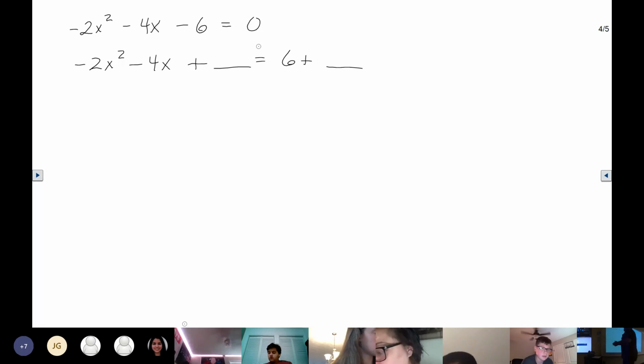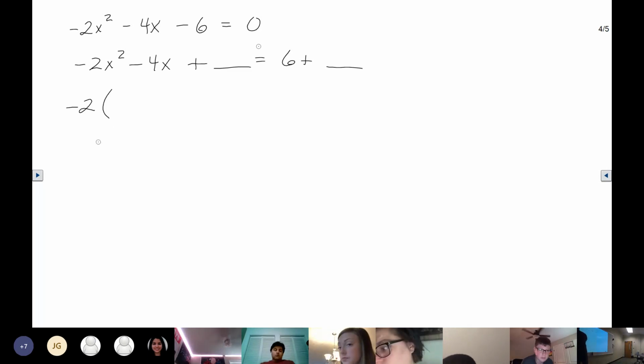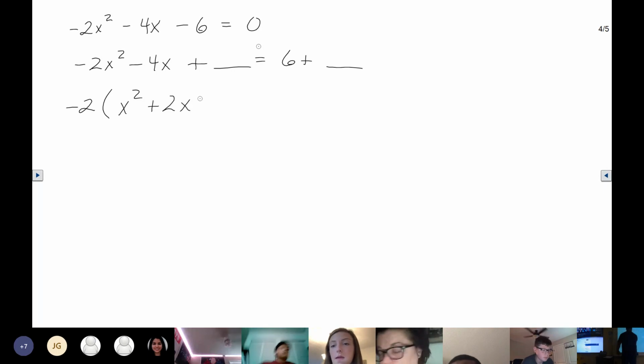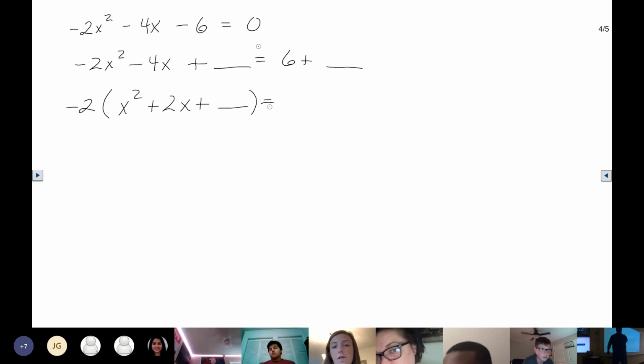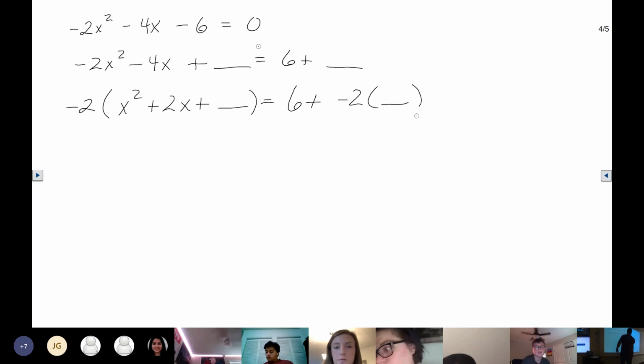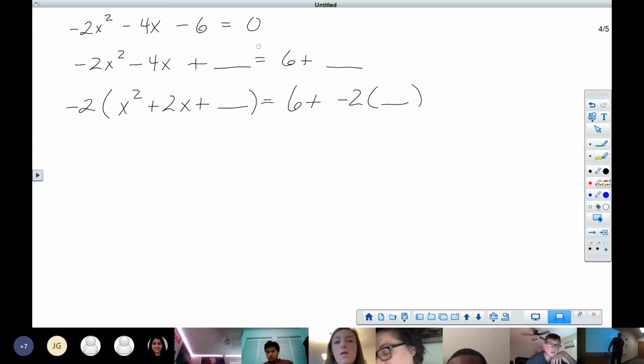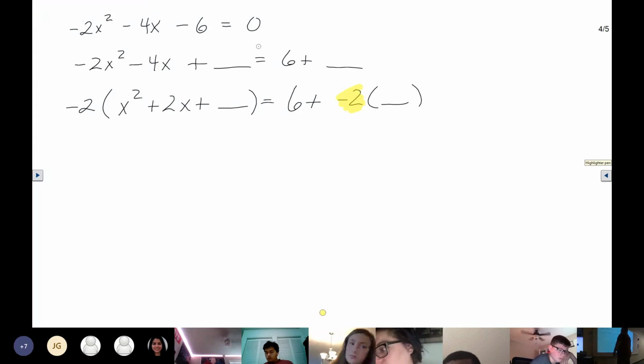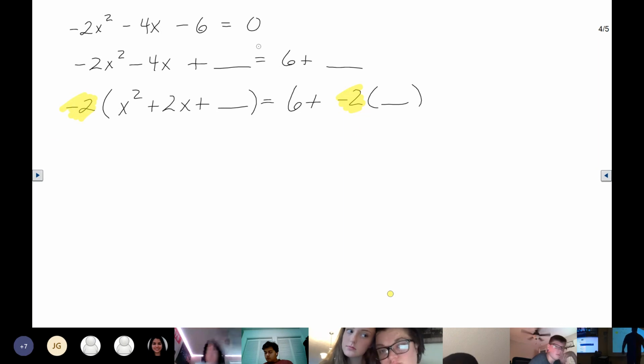Now, instead of factoring out a negative 1, we got to factor out a negative 2. And that's going to give us x squared plus 2x plus blank is equal to 6 plus negative 2 times blank. And I'm going to highlight that again because I'm going to highlight this through all the problems. Whenever you factor out this, you got to put it over here.